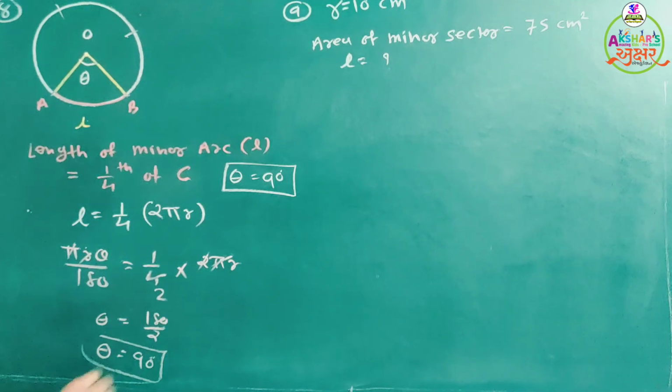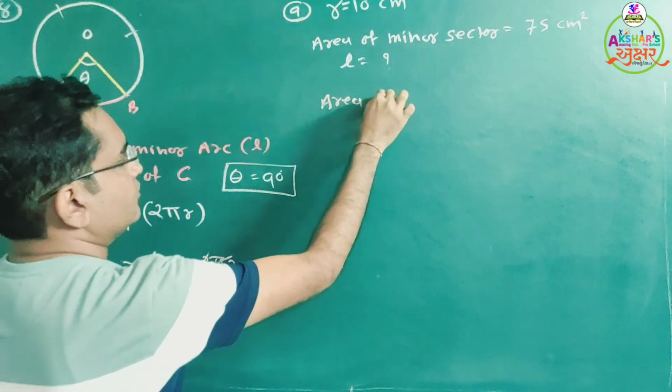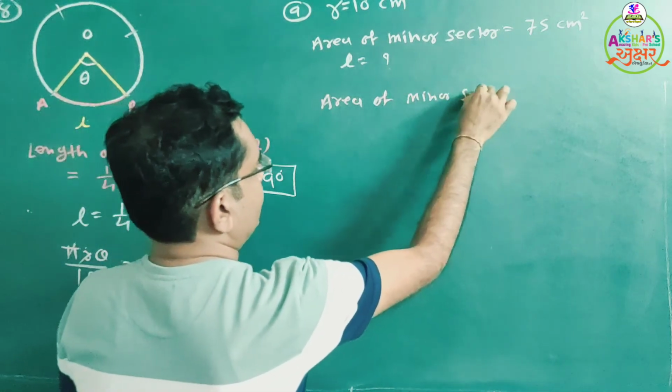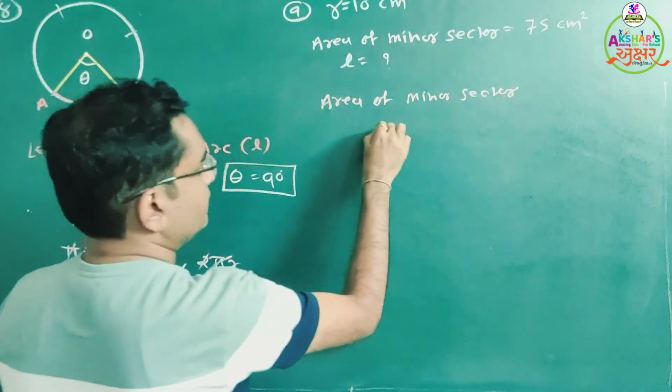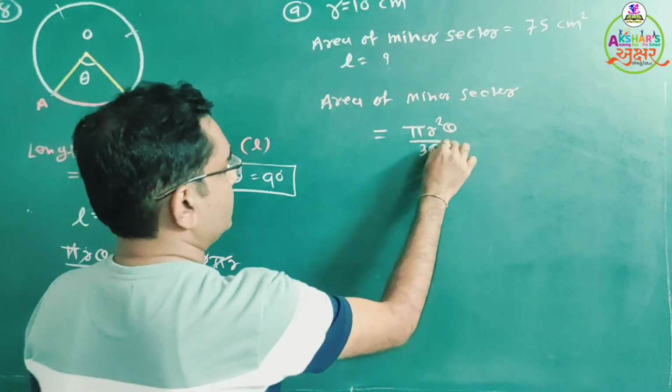So here area of minor sector is given. So area of minor sector, what is the formula? It's πr²θ upon 360.